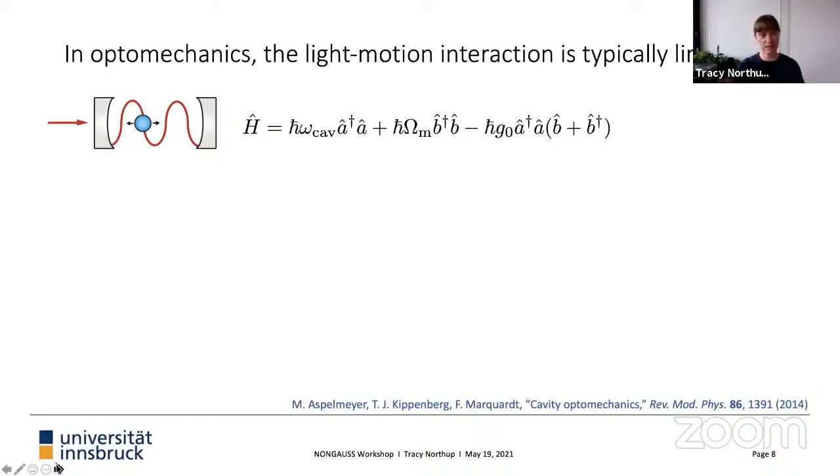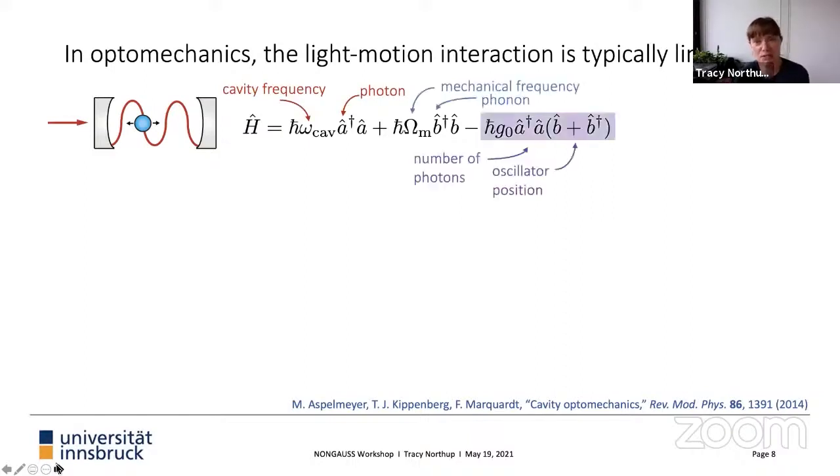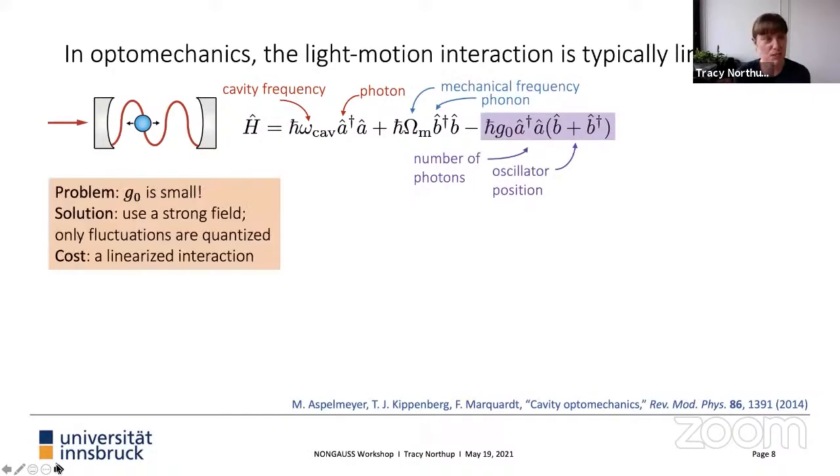So we're looking at the number of photons, the number of phonons, and the interaction between the motion, b dagger plus b, that's quantized, and the intensity of the light field. So that looks nonlinear. We have then a cavity frequency in the photon, mechanical frequency in the phonon, and this is what I mentioned earlier, number of photons in the oscillator position.